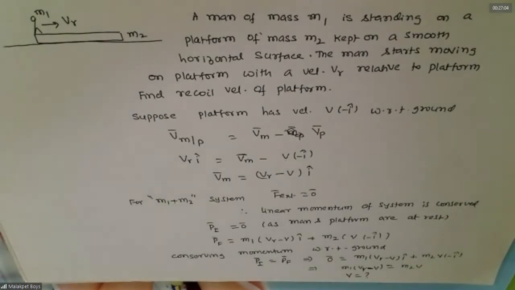Yes, sir. So I'm getting V is equal to M1 by M1 plus M2 into VR. Pardon?